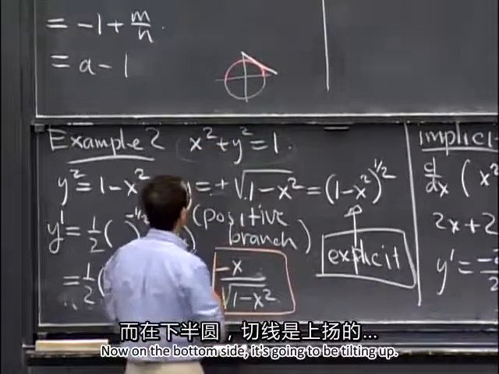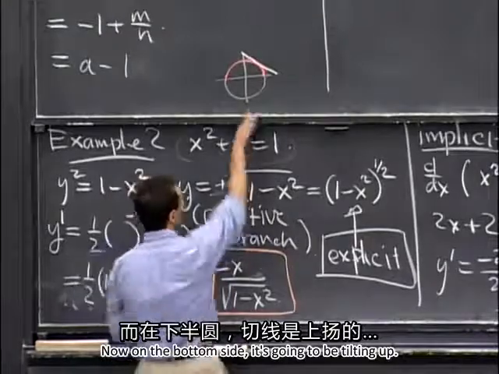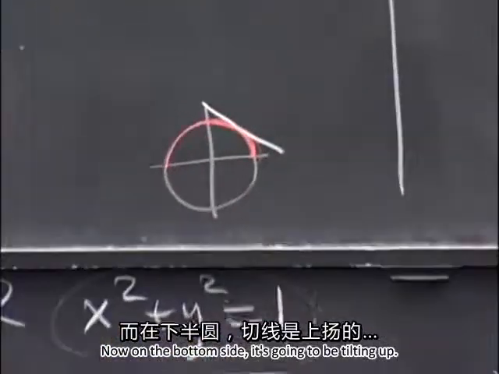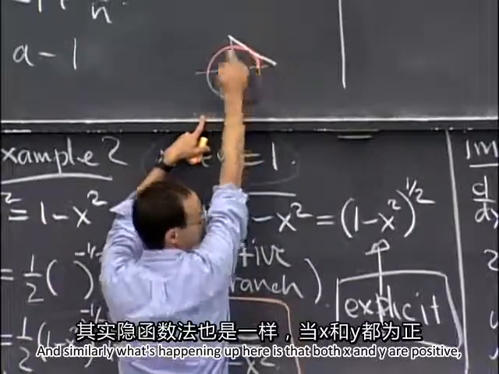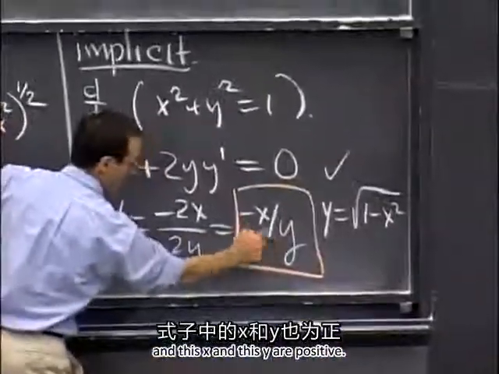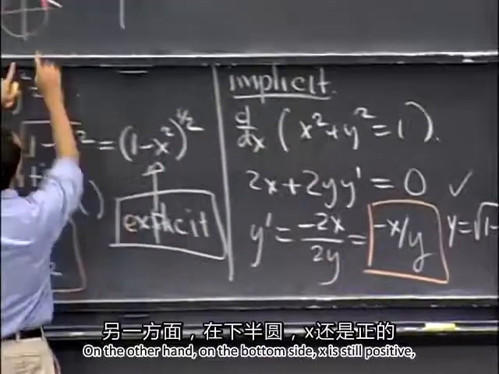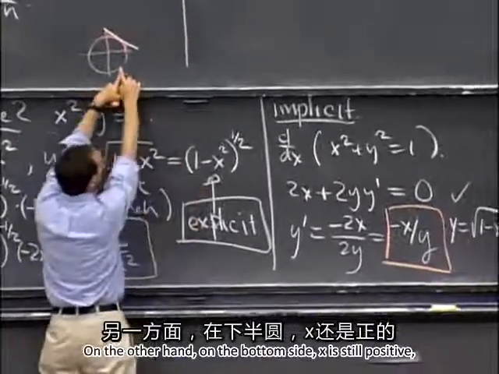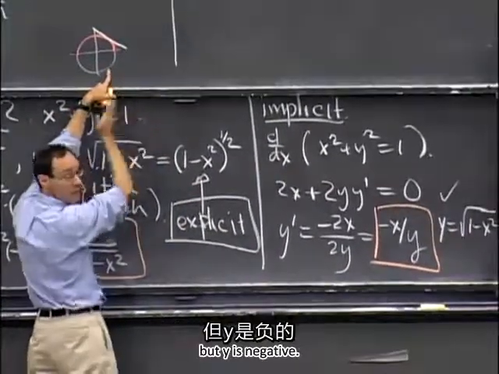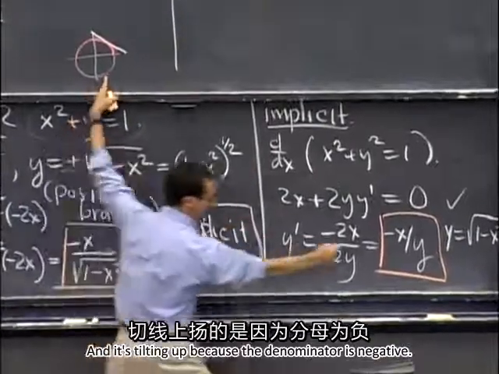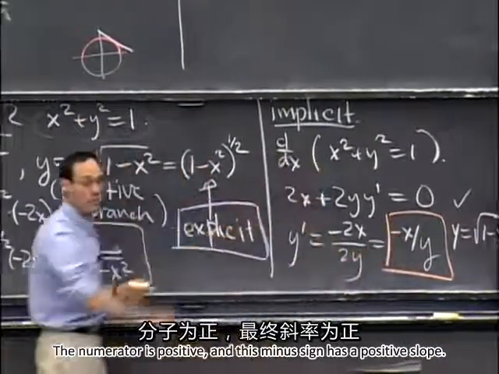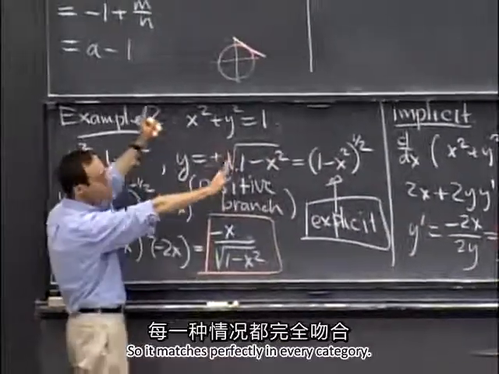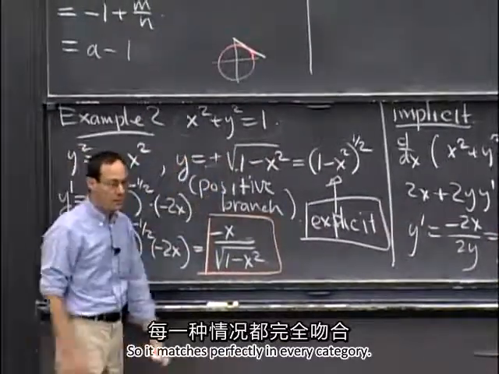Now, on the bottom side, it's going to be tilting up. And similarly, what's happening up here is that both x and y are positive, and the slope is negative. On the other hand, on the bottom side, x is still positive, but y is negative, and it's tilting up because the denominator is negative, the numerator is positive, and then this minus sign makes it a positive slope. So it matches perfectly in every category.